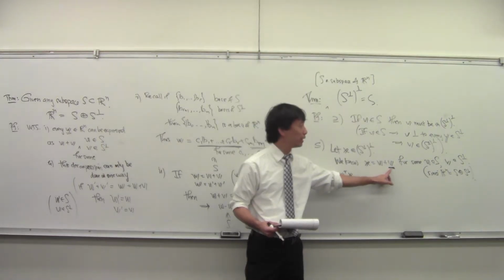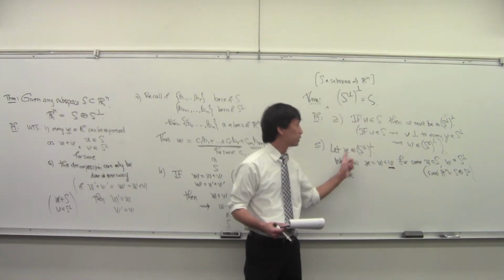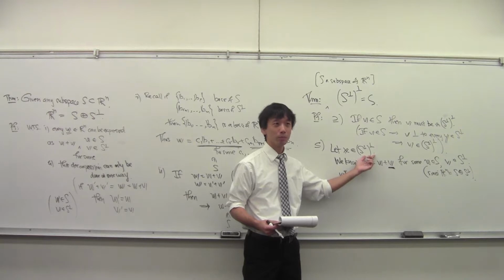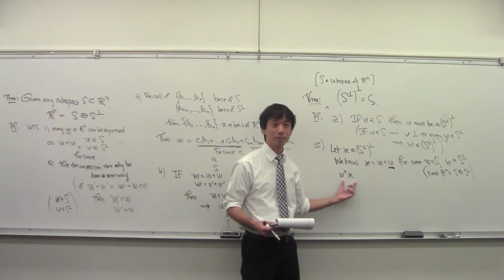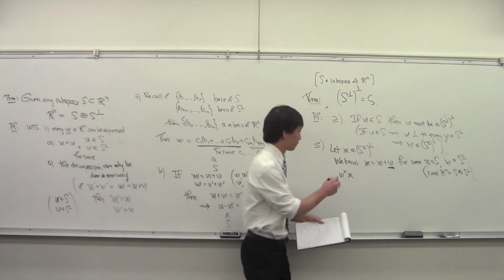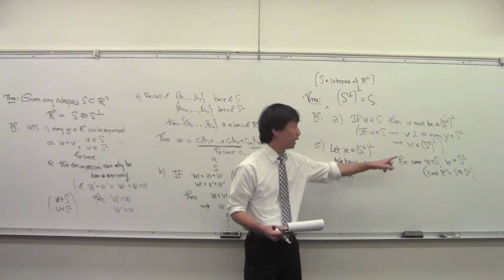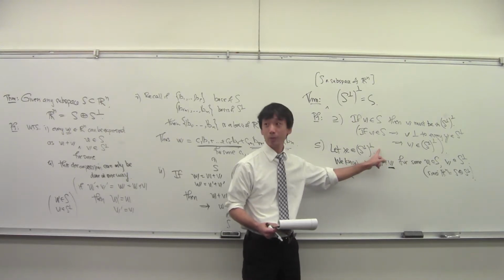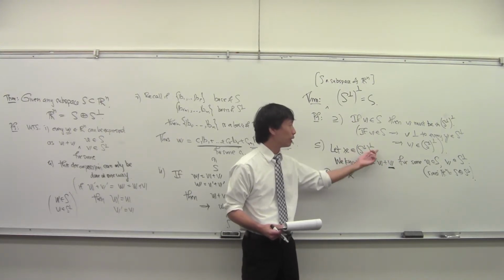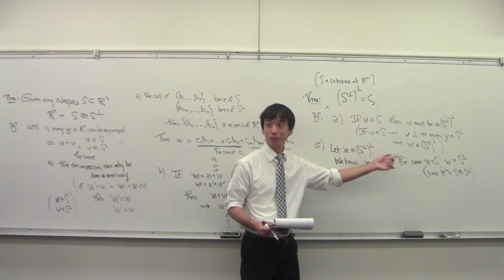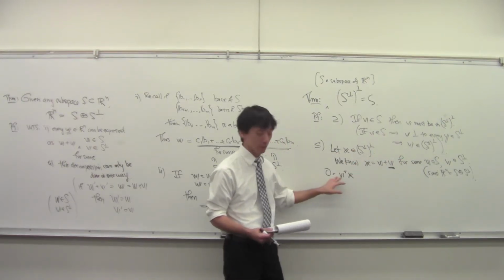What do you get? v is in S perp, x is in S perp perp. So the dot product is 0. Right? Because v is in S perp, and x is in the orthogonal complement to the orthogonal complement. So you get 0.